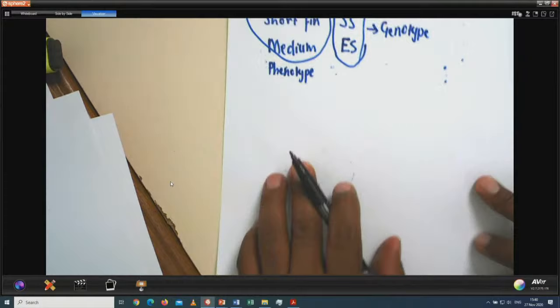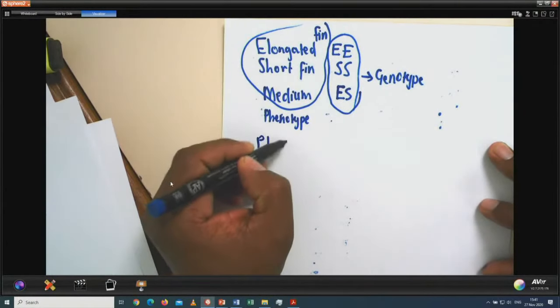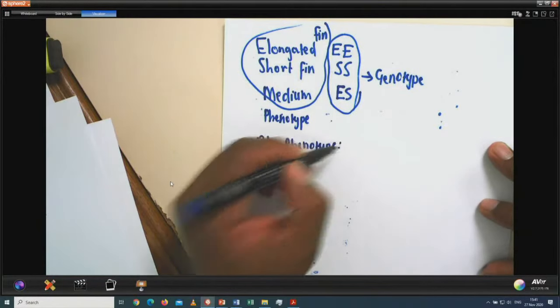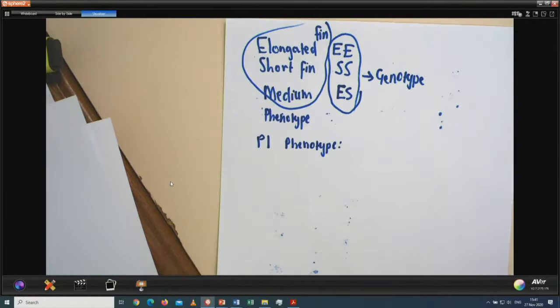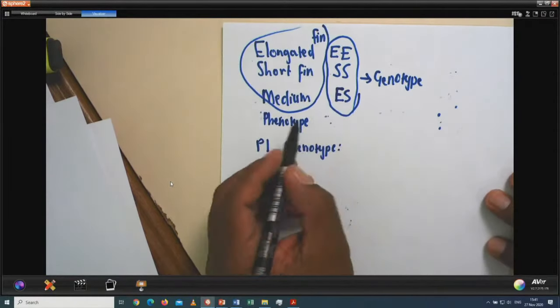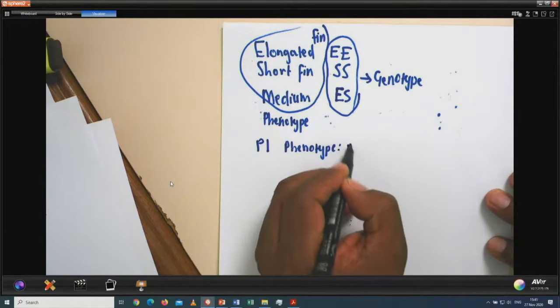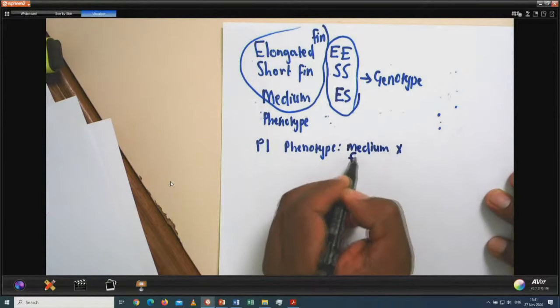Now if you do our genetic cross, remember we start with our P1 phenotype. The question indicates if you cross two medium fins, what is the percentage chance of having a short fin? I'll be crossing two medium fins.